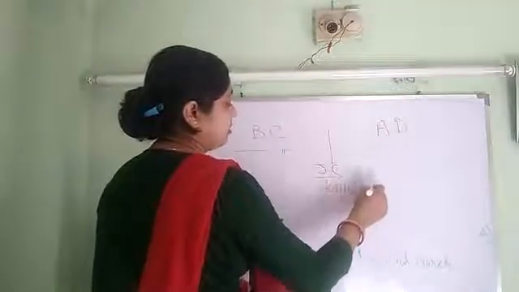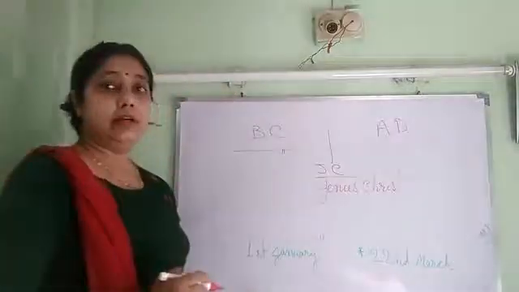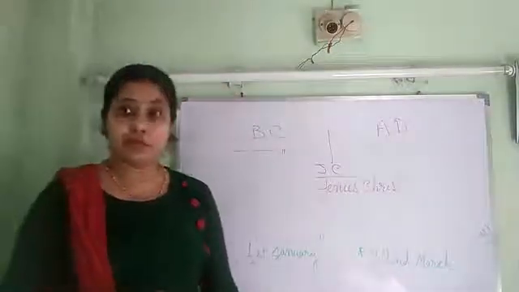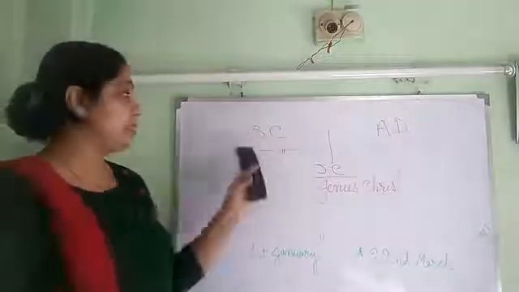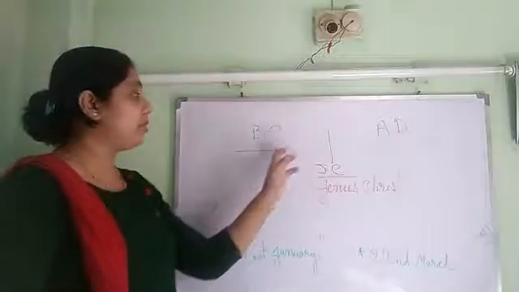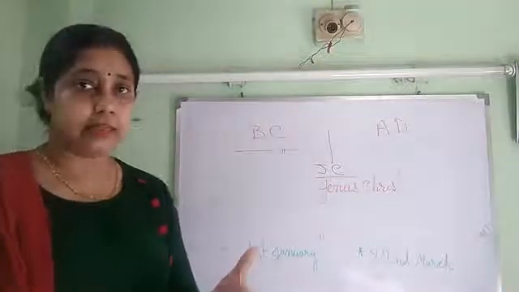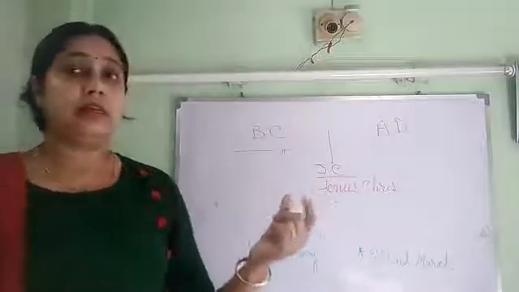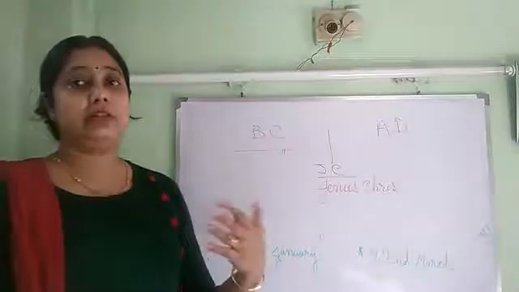So historians have divided the time period of history into two groups, that is AD and BC. BC means before Christ. AD means Anno Domini. So before Christ means the time period before the birth of Jesus Christ, and AD means the time period after the birth of Jesus Christ.